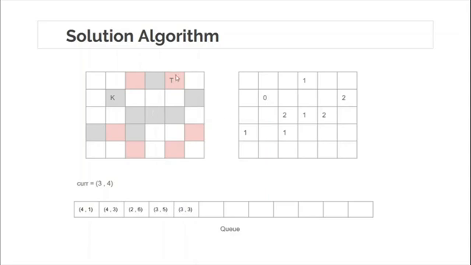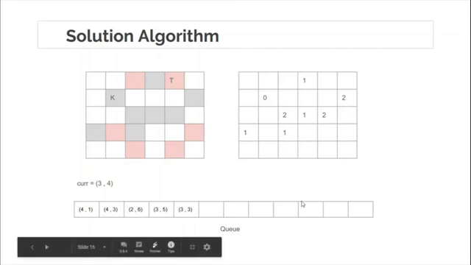That means you have found the minimum number of moves to reach it, and that would be the distance of this cell plus 1. The distance of this cell is, I guess, 1. Yes, the distance of this cell is 1, so the distance of the target would be 2, because of the current cell plus 1, since it requires one move to go from here to here. That is why the distance would be 2, and we would directly return from here.